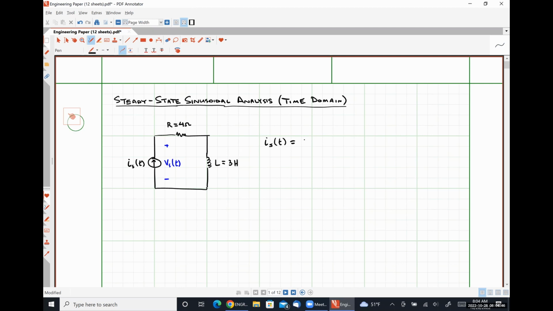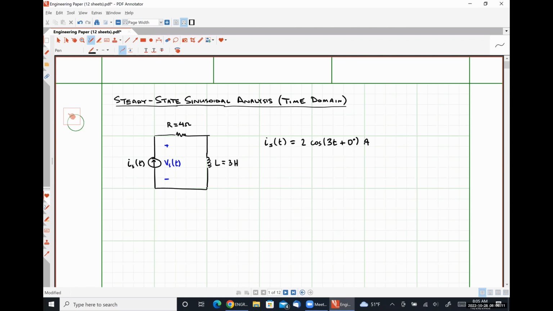So I'm going to say arbitrarily that IS is a cosine function that has a magnitude of 2, an angular frequency of 3, and a phase angle of 0, just to make the math slightly more simple.